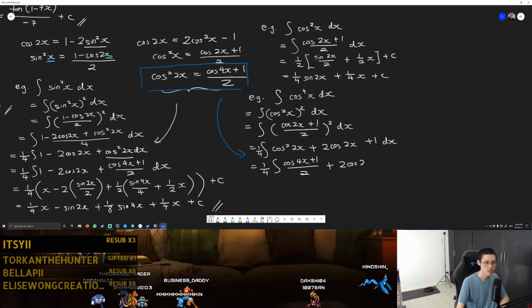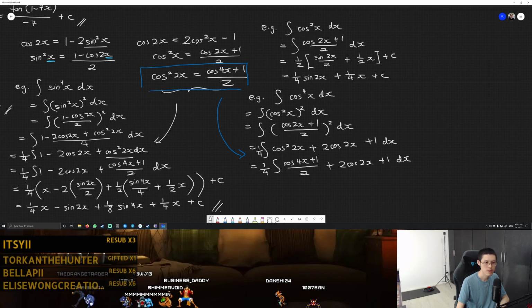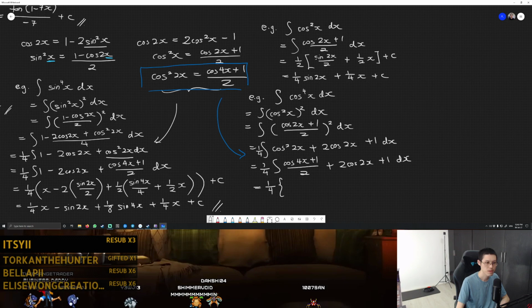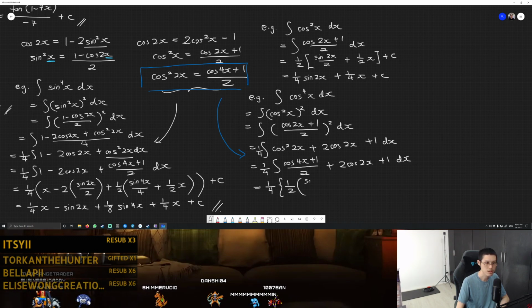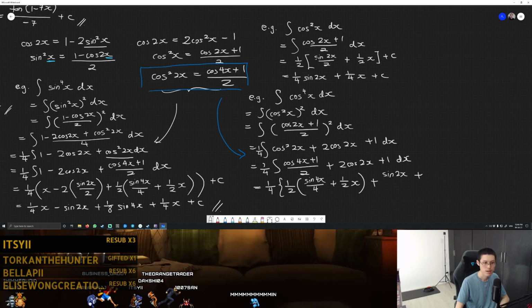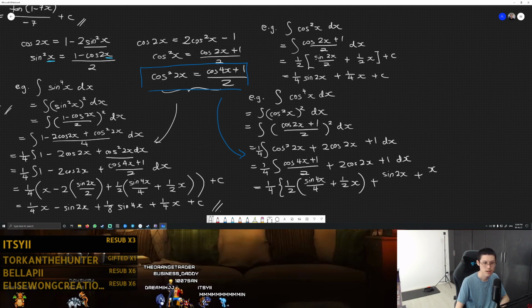And then the usual thing, which I'll just write down. And then now you integrate each term separately. So the first one is going to give you, I'm going to take the half out first. Then that's going to give me sine 4x over 4 plus 1 over 2x. The next one is going to be sine 2x and then 1, well, it's just x.